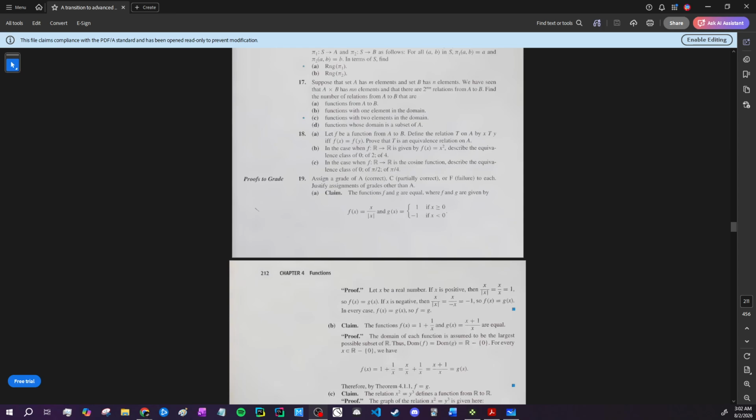Let's understand the question real fast. So we're given an input, right? f is a function from A to B, and define relation T, or better yet, just write this.